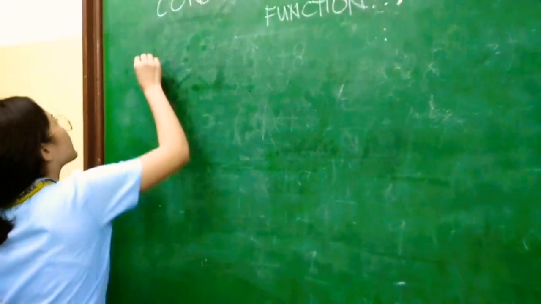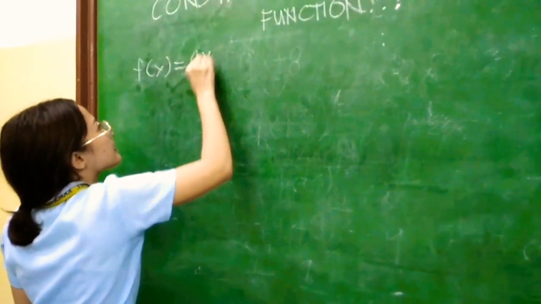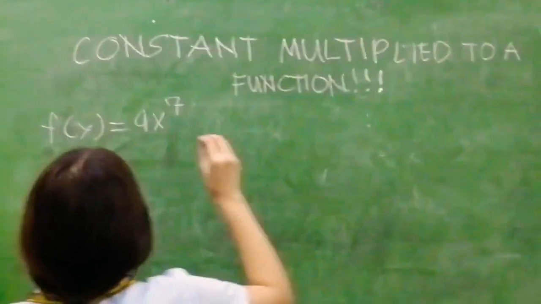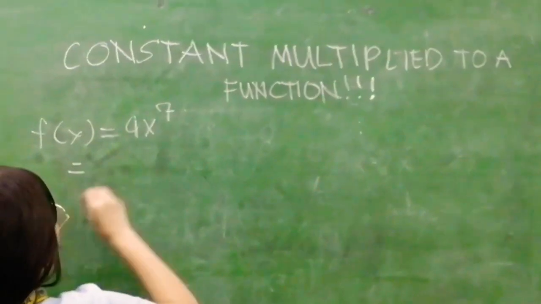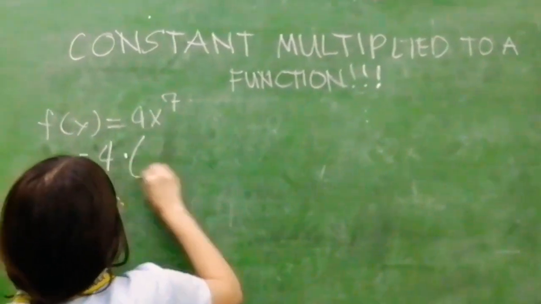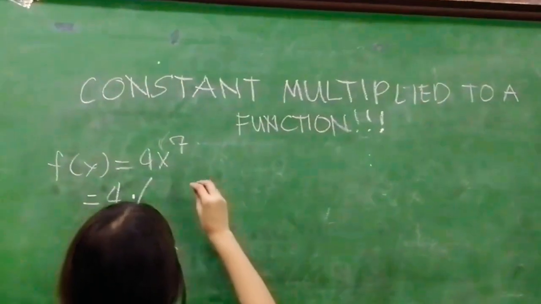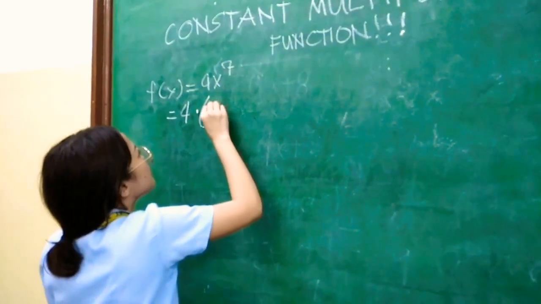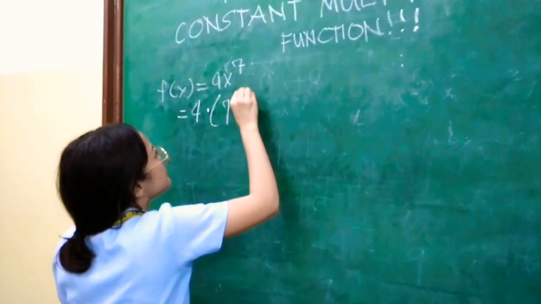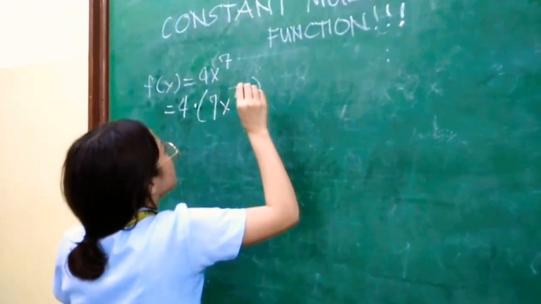So the given function is f of x equals 4x raised to the power of 7. The constant is 4 times x to the 7th. Let's differentiate first the x raised to the power of 7 using the power rule: 7x raised to the power of 7 minus 1.